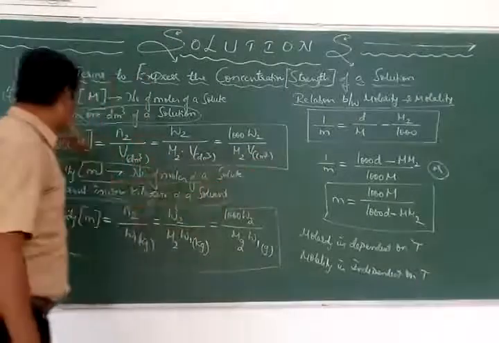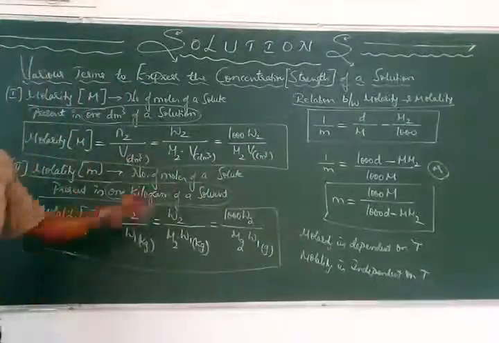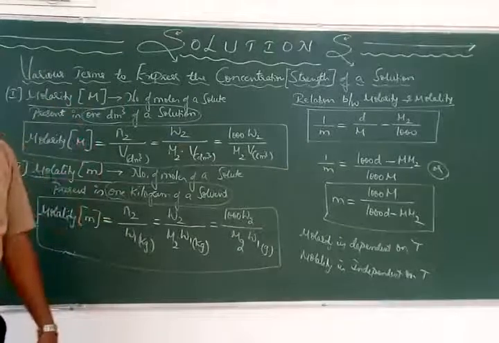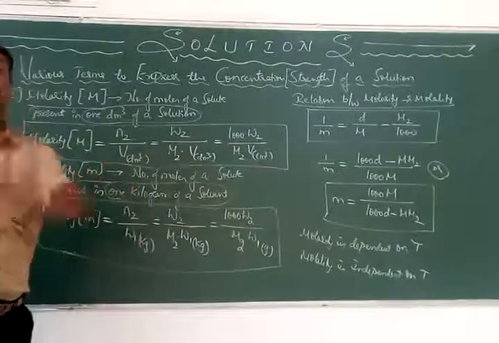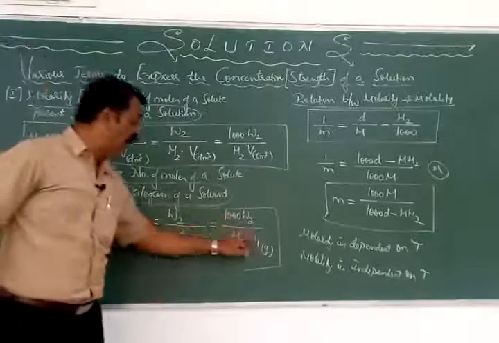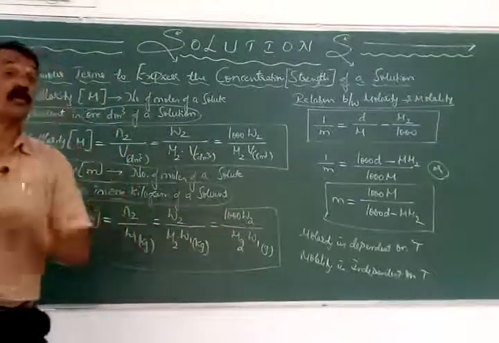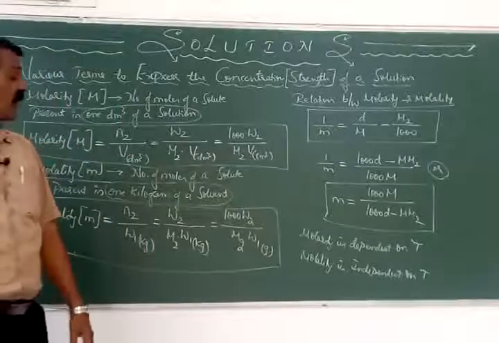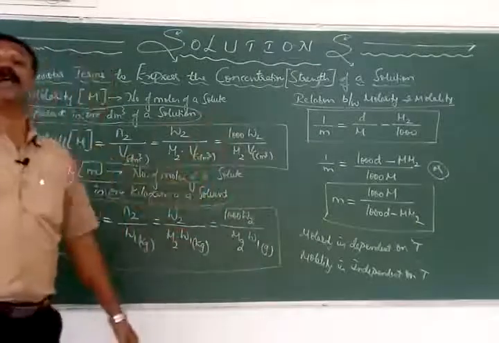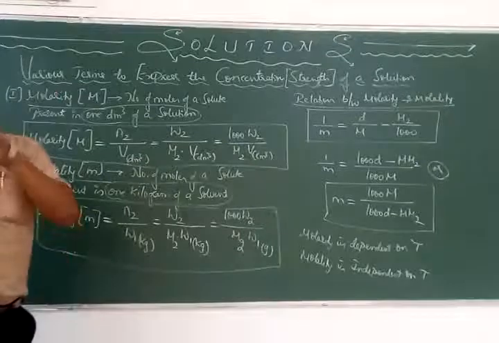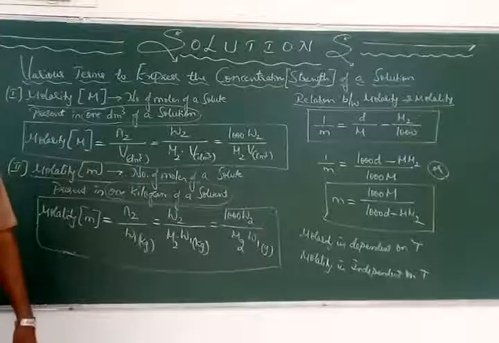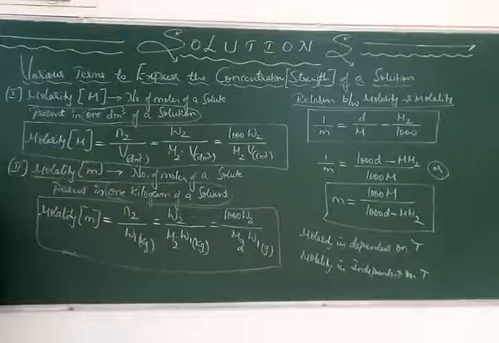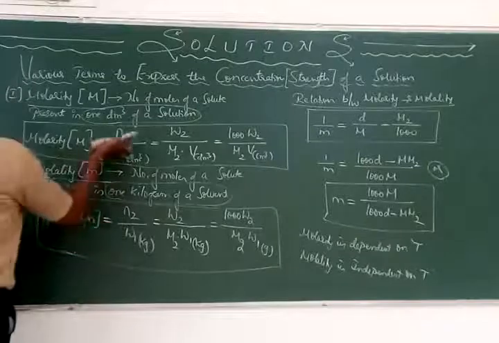As the volume increases, the molarity goes on decreasing. Means molarity is temperature dependent. But the molality does not involve any volume terms. It involves only the mass terms, but not the volume terms. That is why molality is independent of temperature. So that makes a difference between the molarity as well as the molality. Okay. So next we will have the third concentration term, that is called normality and then the formality.